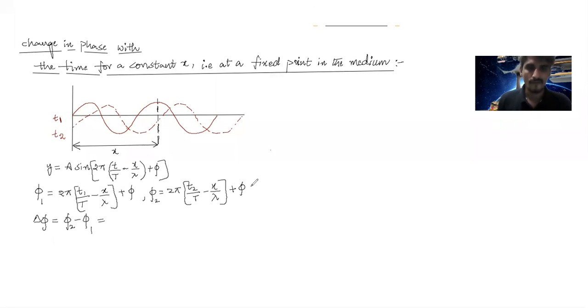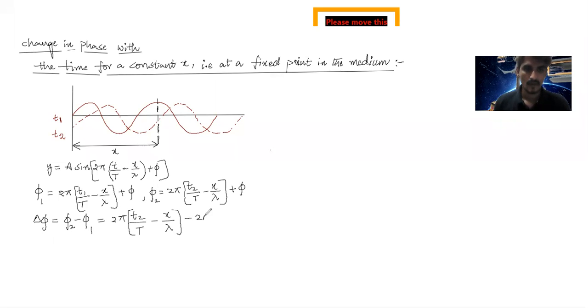So phi minus phi is cancelled, right? That's why we can write 2 pi into t2 by capital T minus x by lambda, minus 2 pi into t1 by capital T minus x by lambda.